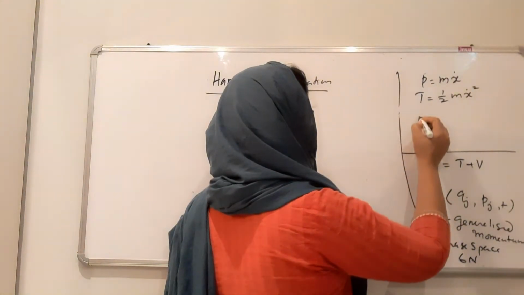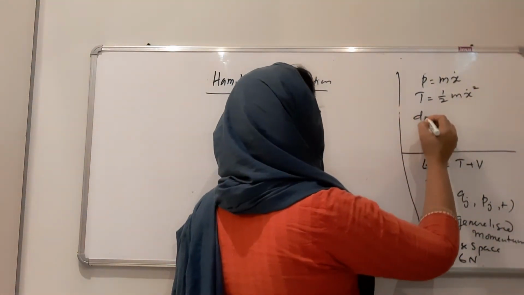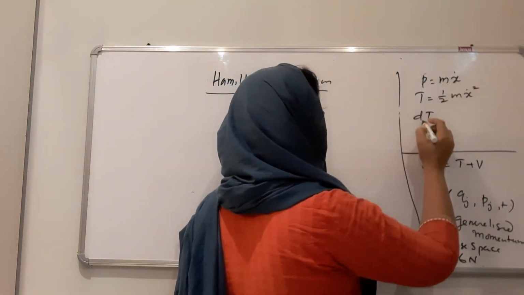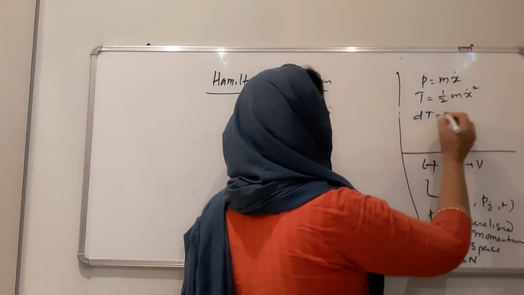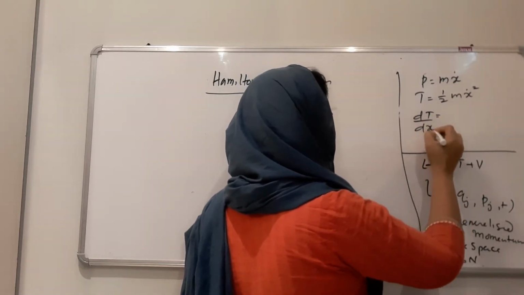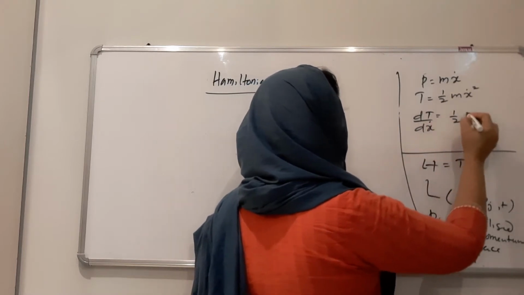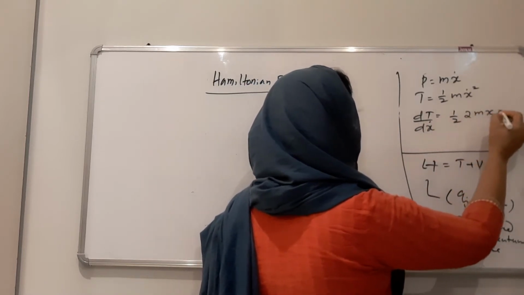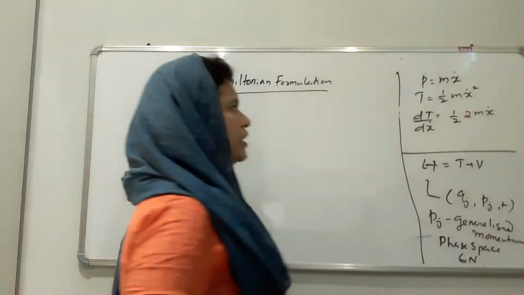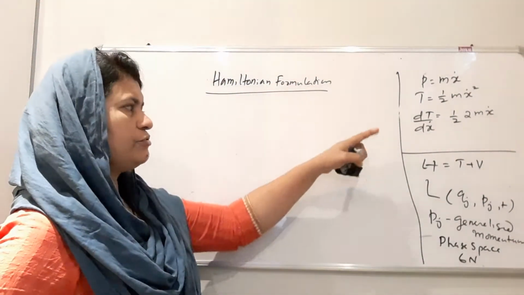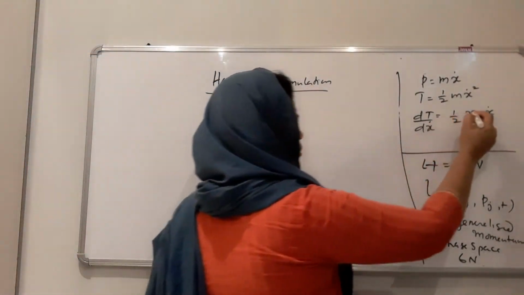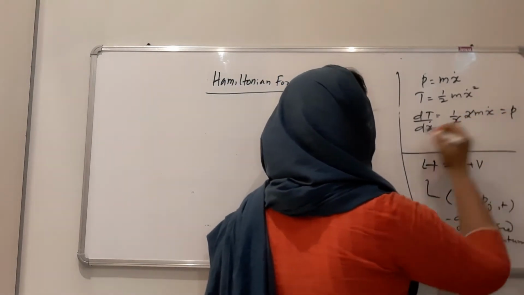Differentiating this, dT by dx dot, with respect to x dot we get half into 2 into m x dot, that is equal to p.